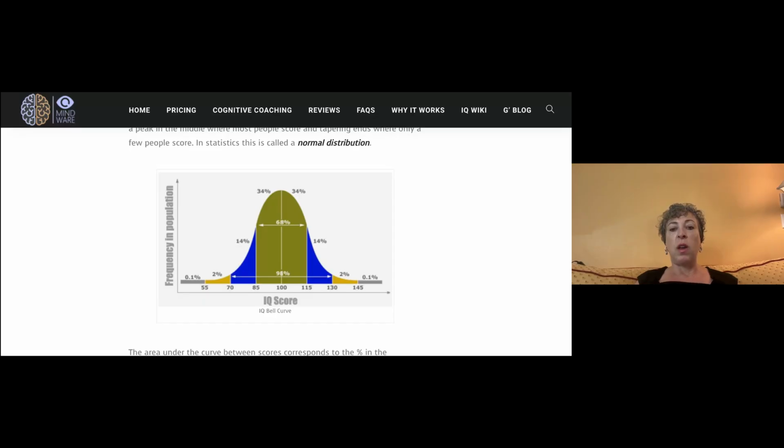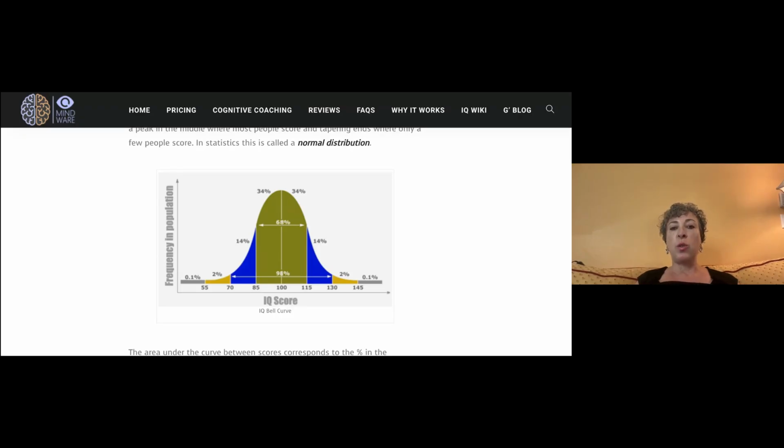So either 15 points below the mean, which would be 85, through 15 points above the mean, which would be 115. So somewhere between 85 and 115 is considered average intelligence. That's plus or minus one standard deviation from the mean.